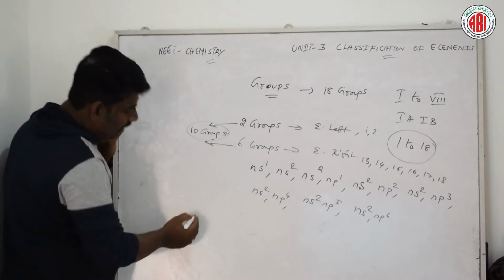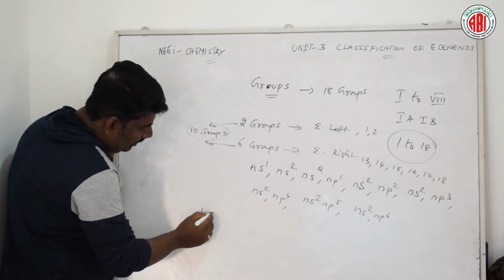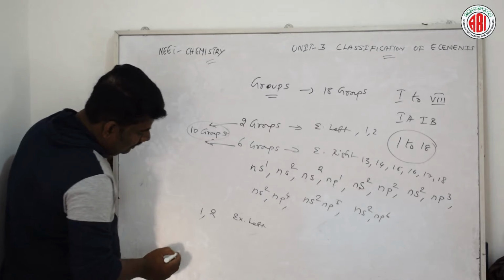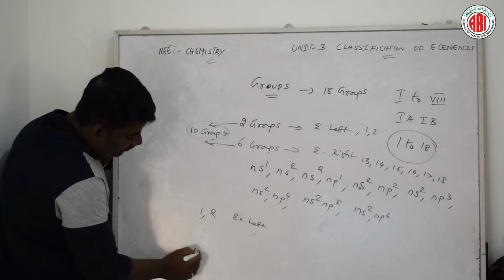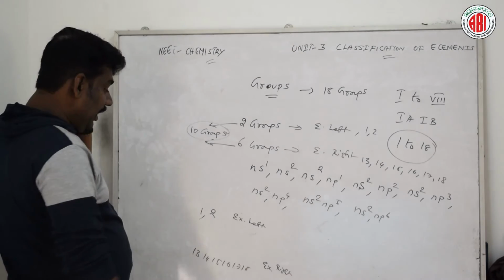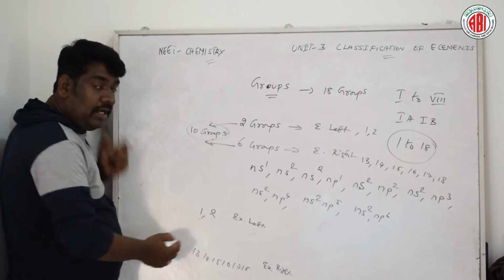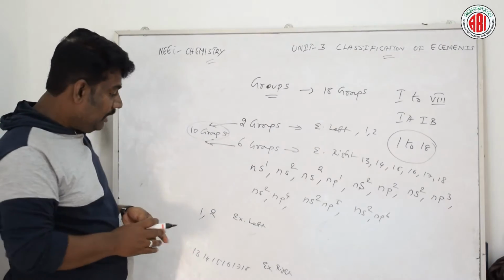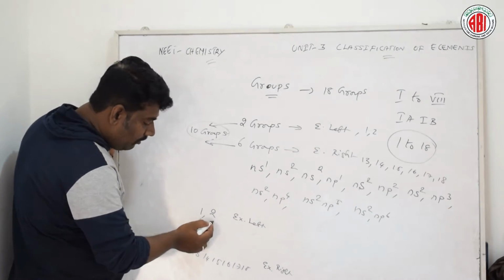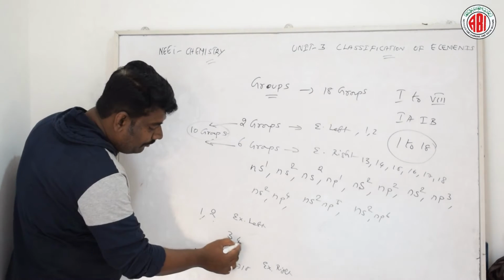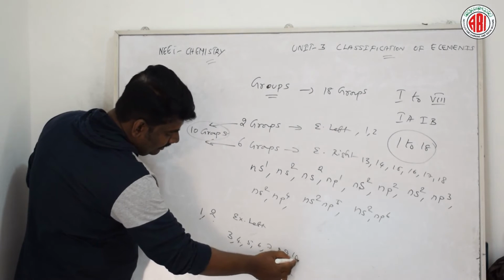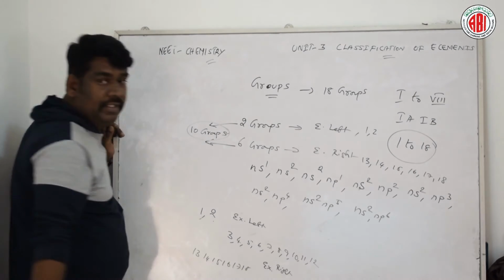See here, the first 2 groups, 1 and 2, are at the extreme left, and 13, 14, 15, 16, 17, 18 at the extreme right. In between there are 10 groups, and these are numbered 3, 4, 5, 6, 7, 8, 9, 10, 11, 12.